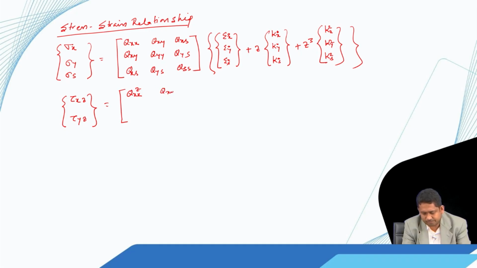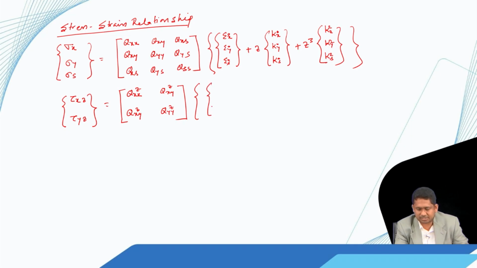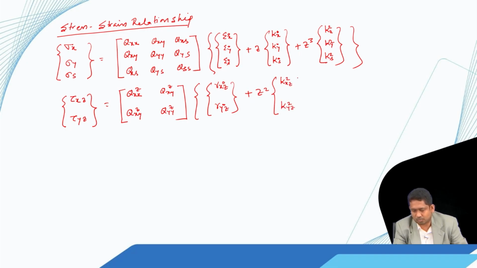So, we have Q x z x z, Q x z y z, Q x z y z, and Q y z y z, and then this gets multiplied with the transverse shear strain which we denote as gamma x z 0, gamma y z 0, and then another vector which gets multiplied with z square. So, that is kappa x z 2, kappa y z 2. Again these twos are not squares, rather they are superscripts.